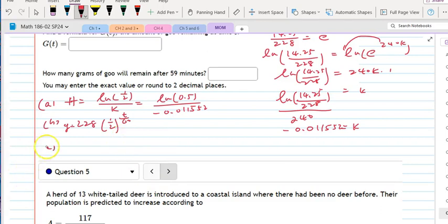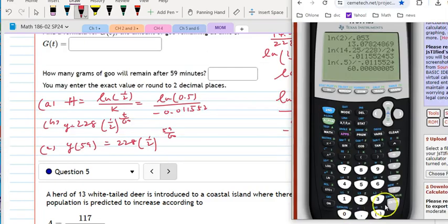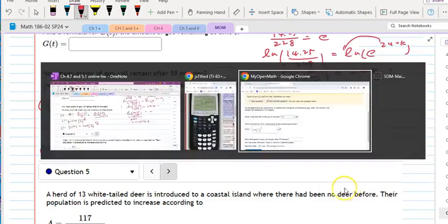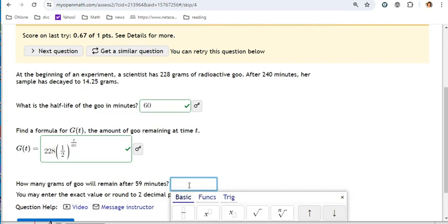Okay, y of 59 would equal 228 times (1/2)^(59 over 60). 228 times 0.5, 0.5 is 1/2, to the power 59 divided by 60. That's 115.32.